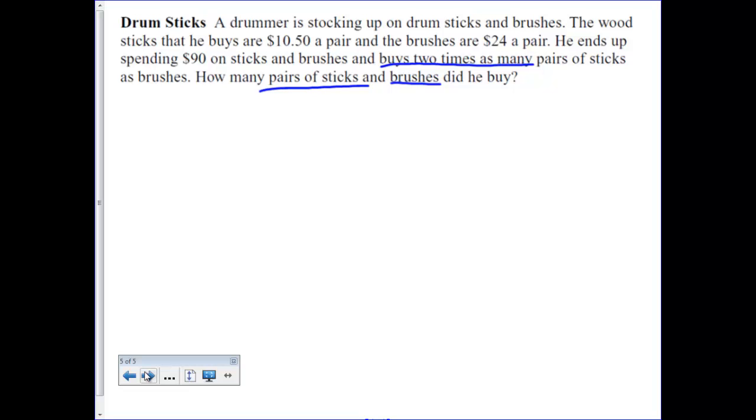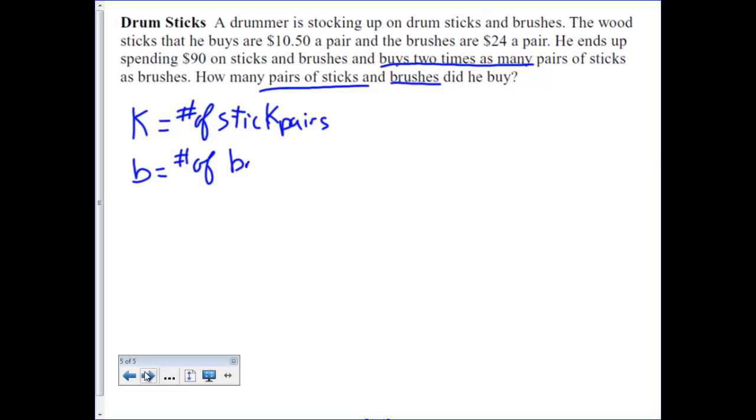So since they're asking how many pairs of each, my 2 variables are going to represent how many pairs of each. So we're going to go ahead and say let k equal number of stick pairs, and let b equal number of brush pairs.